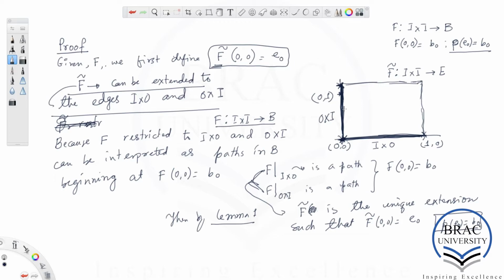Now we extend f tilde to all of I cross I. Meaning that we need to define f tilde in all of this I cross I. This is what we need to do, and we'll do it using induction.